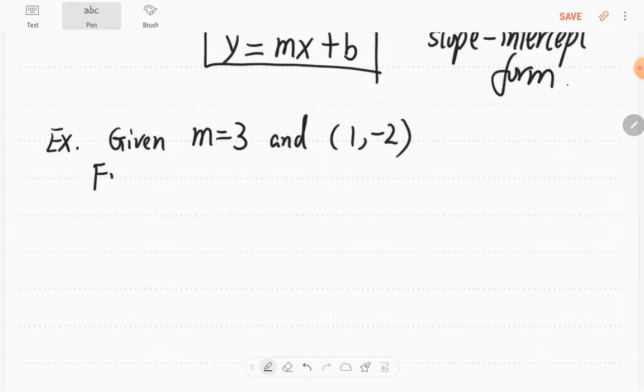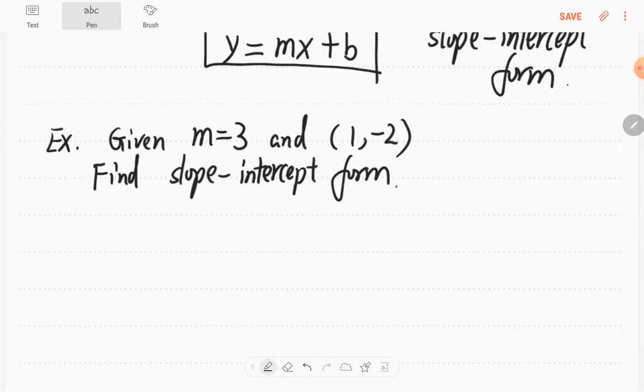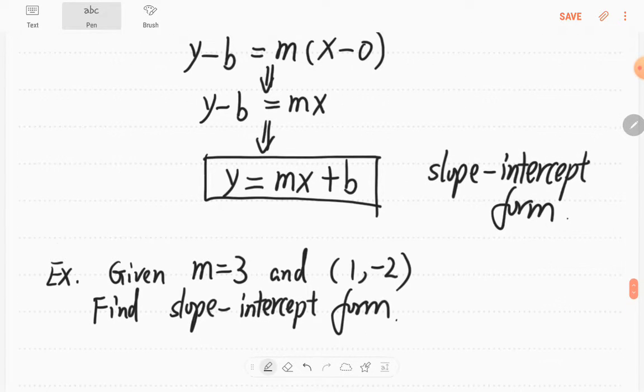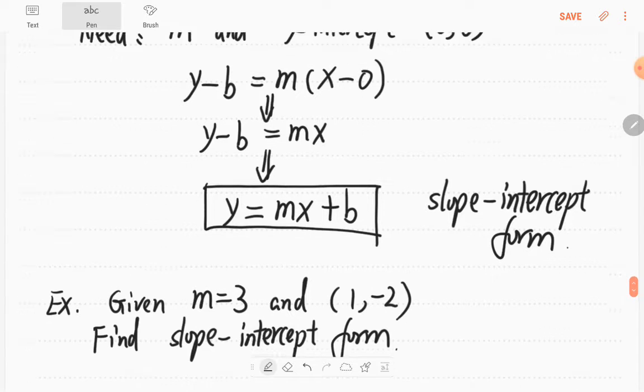Then we need to find the slope intercept form. To find the slope intercept form, if we have the intercept, then we are done, right? However, we have no y-intercept, because the x-coordinate is not equal to 0.